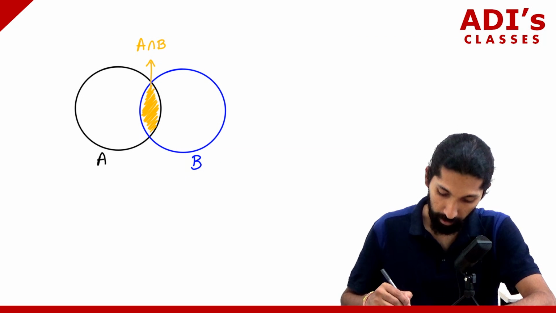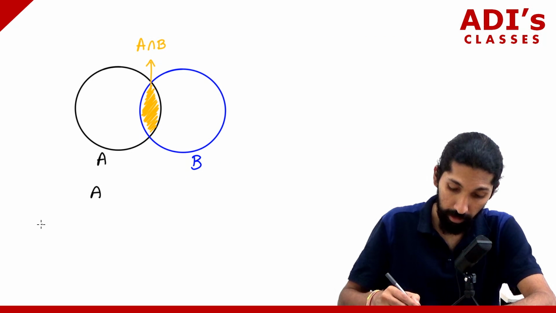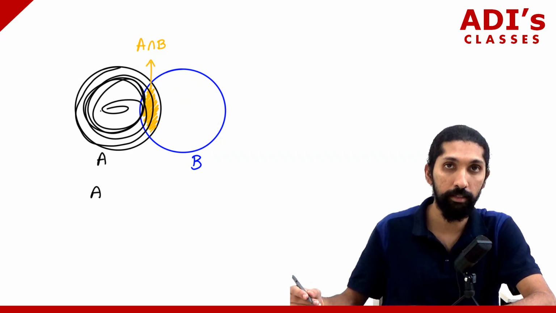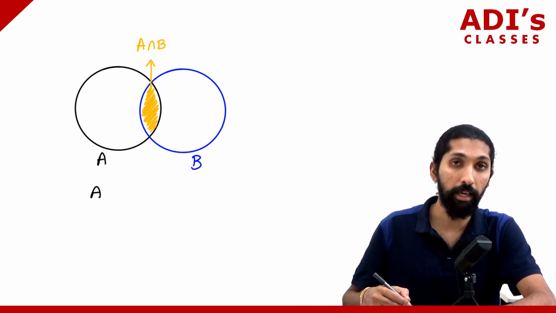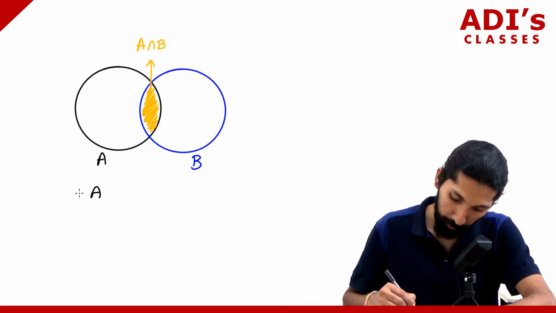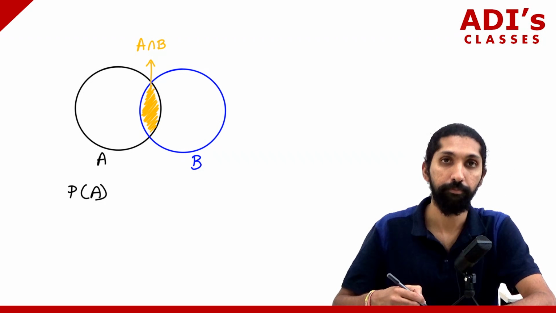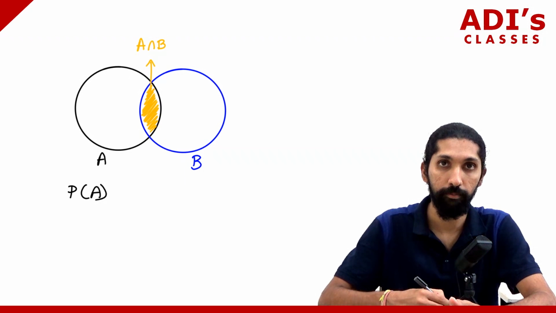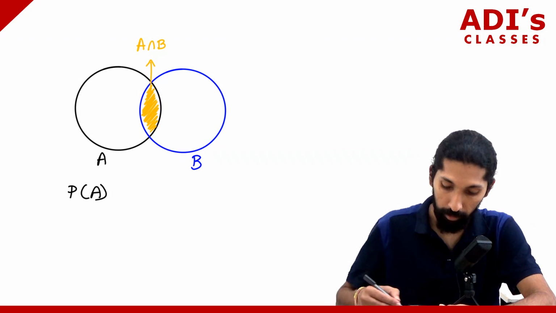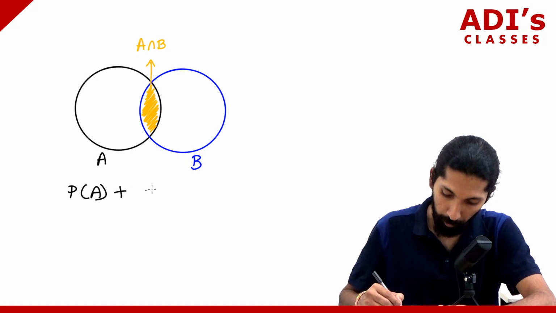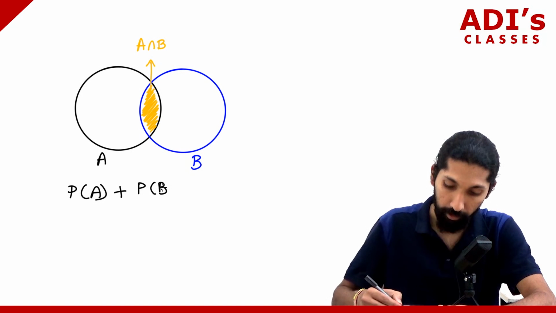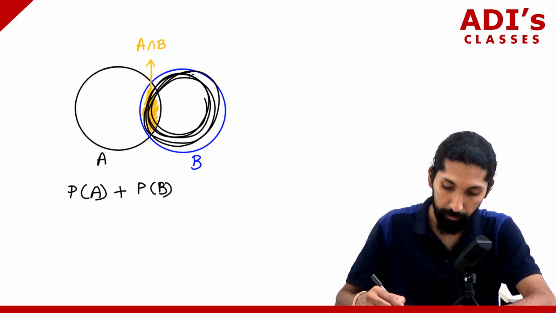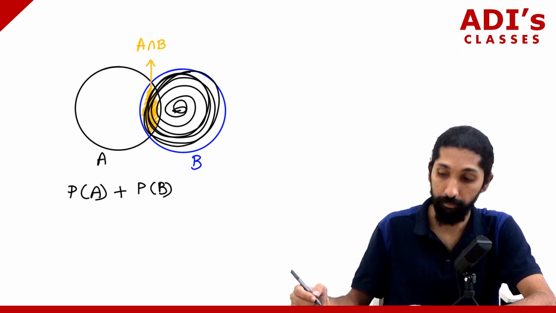First we'll take A, because A gives us this entire thing. So we take the probability of that event A, that means the probability of this entire event to occur, plus the probability of B. Probability of B gives us this entire thing.